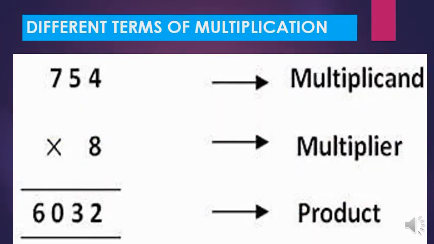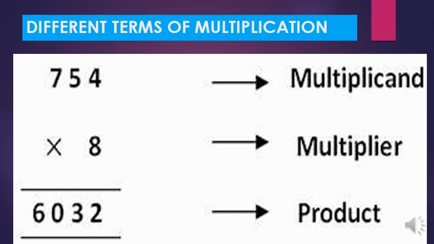Here are different terms of multiplication. When you multiply, those numbers have particular place names, called terms. For example, see, 754, you have to multiply this number by 8, and the answer is 6032.